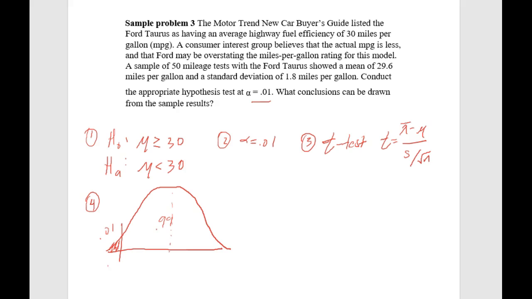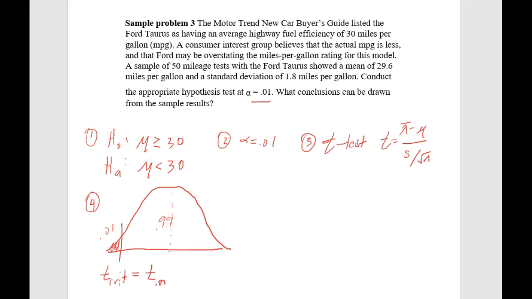So we need to find out what the t-crit is for this point right here. So t-crit is going to be the t value such that we include the alpha level, so 0.01, on one of the tails, and then the degrees of freedom.